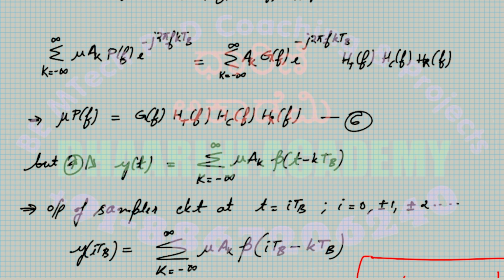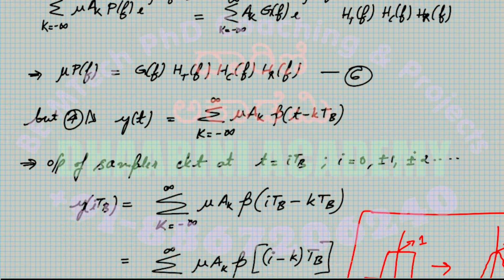Is it okay? Now what we do, we refer to equation 4, which says that y of t is equal to the summation mu a_k p of t minus kT_b. So if I say y of iT_b, let me put t as iT_b because you are trying to sample it out. Whenever you say I'm trying to sample it out, I'm going to put t is equal to iT_b.